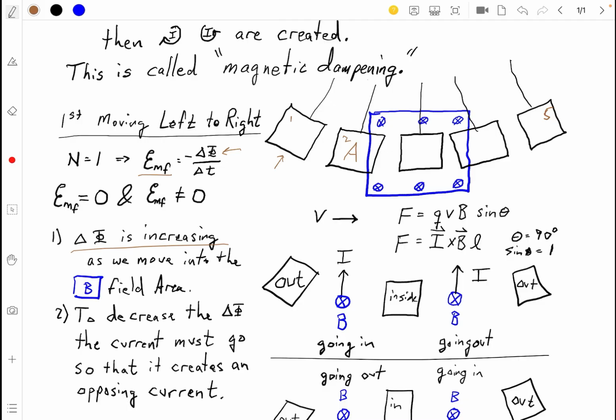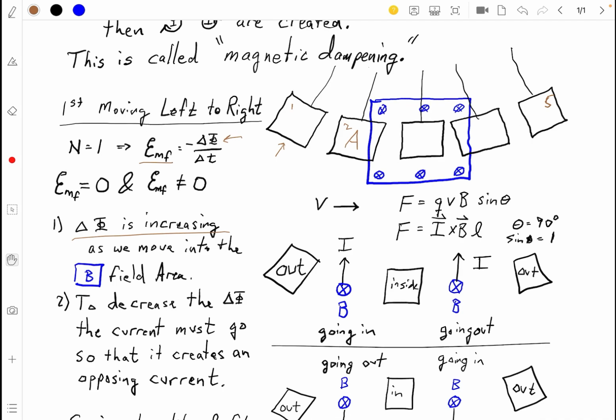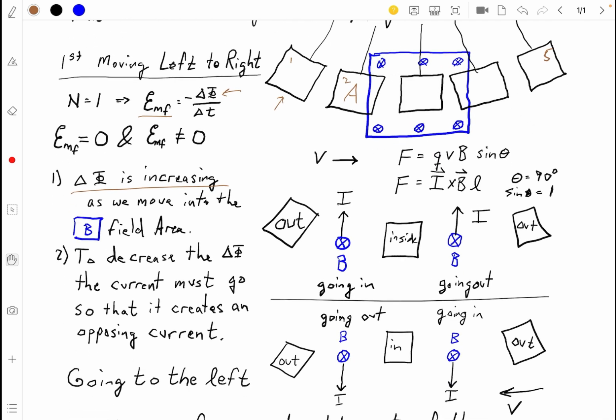So what happens is, if it's increasing, then the loops need to figure out a way to oppose the increase, right? So they have to create a current that's going to oppose the increase. So how do they do that?